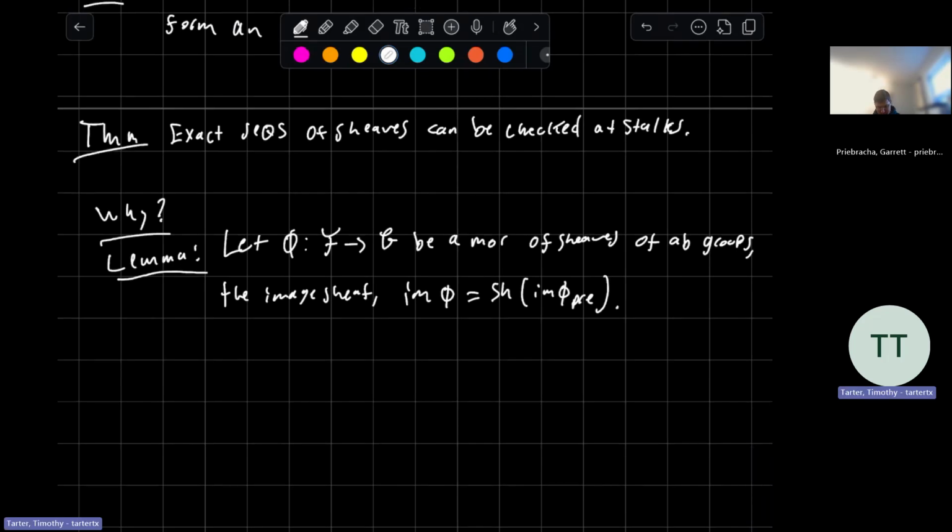And so basically this means that morphisms have a direct correspondence between their image sheaf and their image presheaf. And that means that within the image presheaf, we can check exactness of phi at stalks. So basically, this is saying that we just pass things through the sheafification functor as a way of checking exactness.